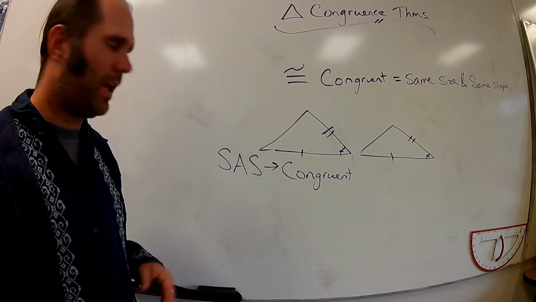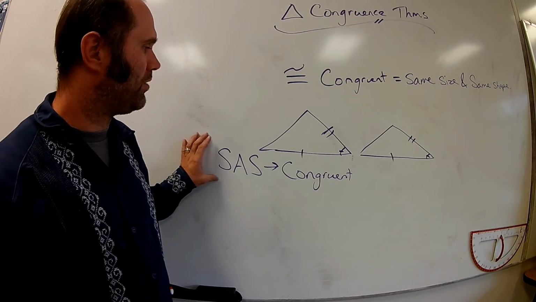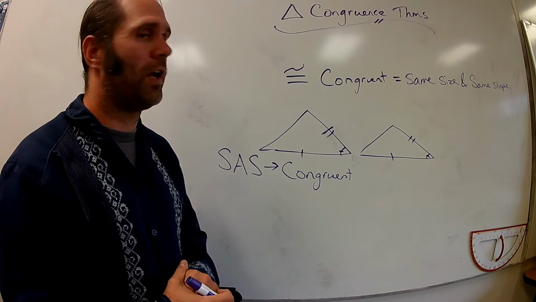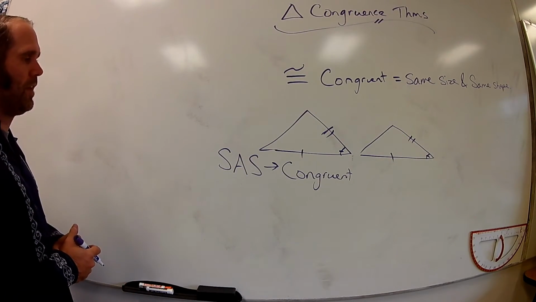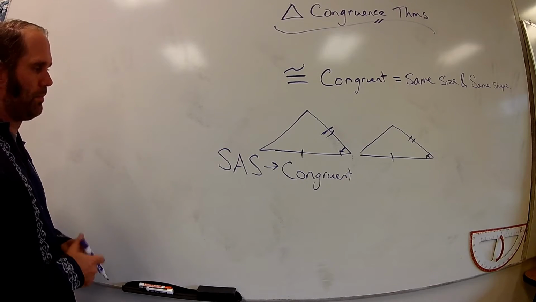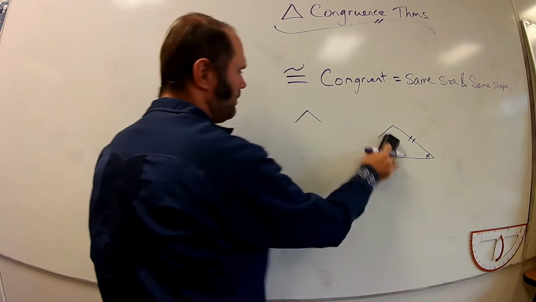And we will see later that that is definitely true, but right now I want us to see the theorems. So these are the triangle congruence theorems. Side, angle, side is a congruence theorem. So SAS is 1.